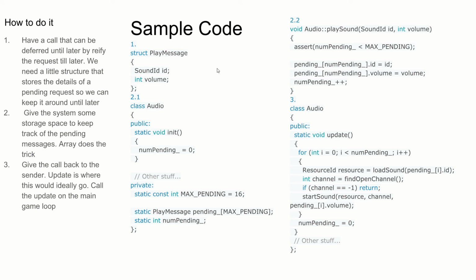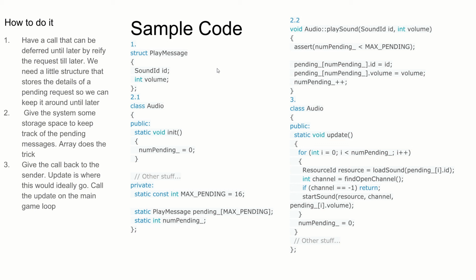You want a list, basically, a container to keep the pending ones, right? The third is to give the callback to the sender. The update is where this would ideally go. Then call this update somewhere in your main game loop or whatever main handler you have.